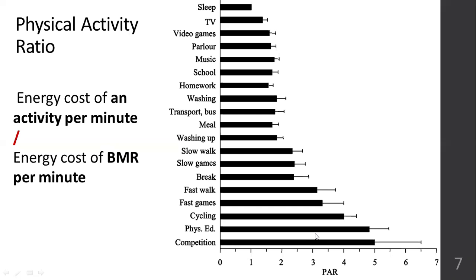Before going to physical activity level, this is the first step, physical activity ratio. The formula of physical activity ratio is the energy cost of an activity per minute divided by the energy cost of BMR per minute. So let's say you have calculated the BMR.